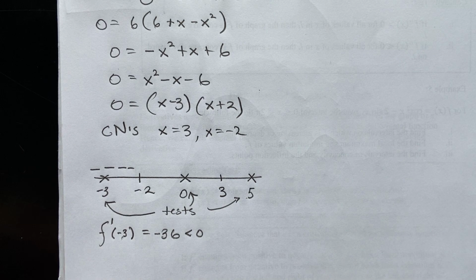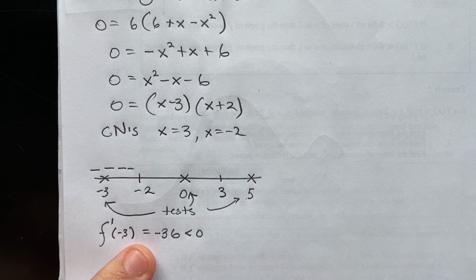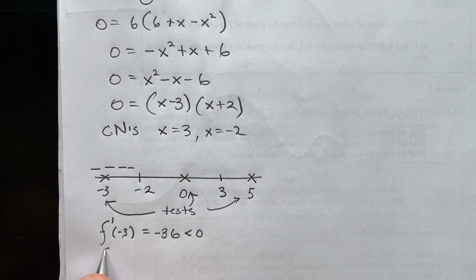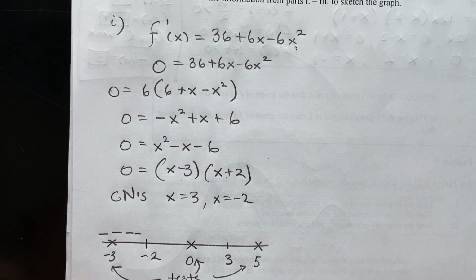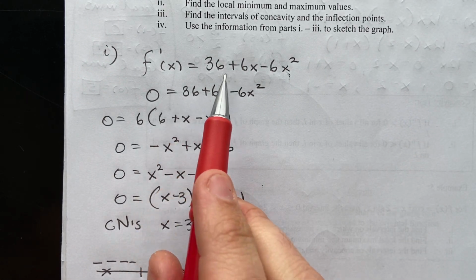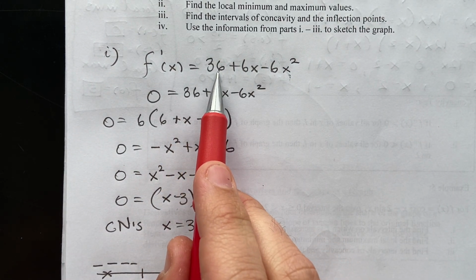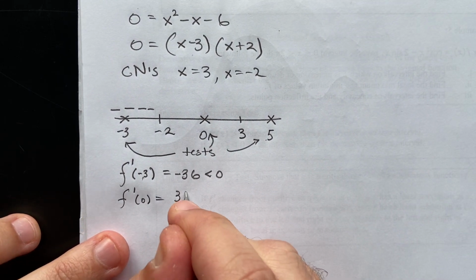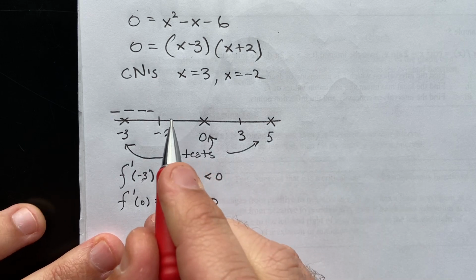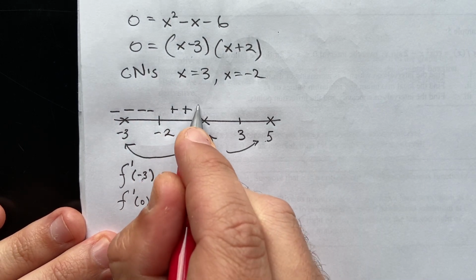So you have negative throughout. Okay, f prime of 0. Plug in a 0. Again, I'm plugging that into here. So get a 36 out of that. That is greater than 0. So I have positive throughout that section.